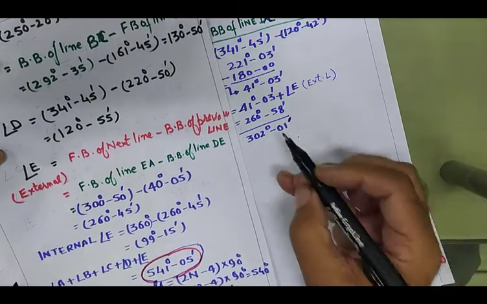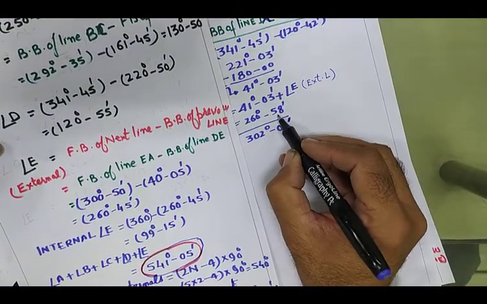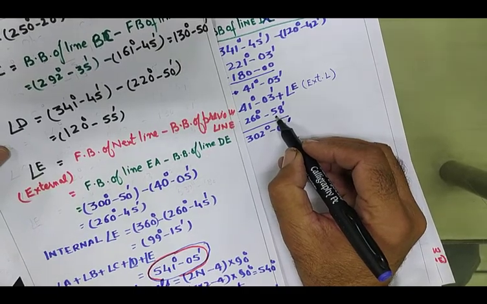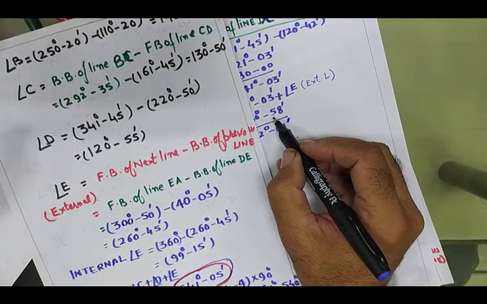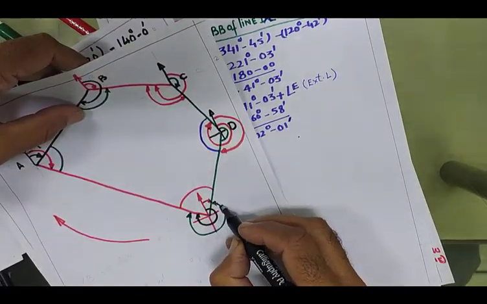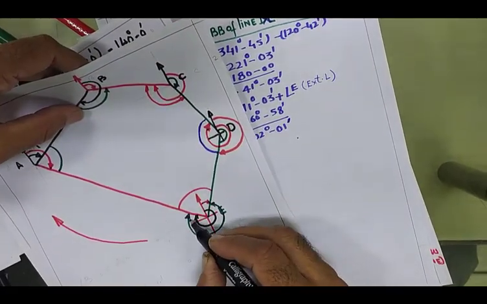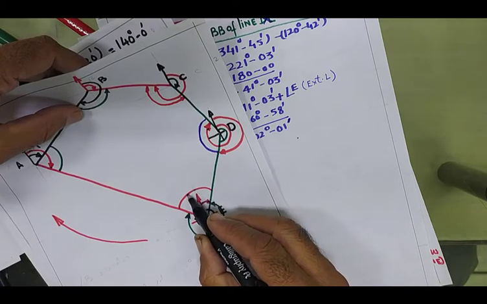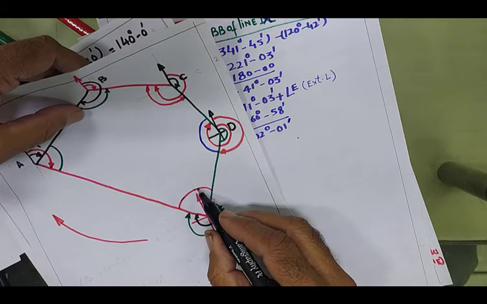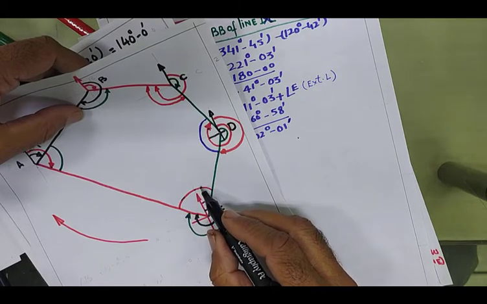Please note over here I have taken 260 degrees 58 minutes because you have deducted the 13 minutes from each angle. In case of this external angle, here you have to add the 13 minutes, because the internal angle is calculated after applying the correction of minus 13 minutes.